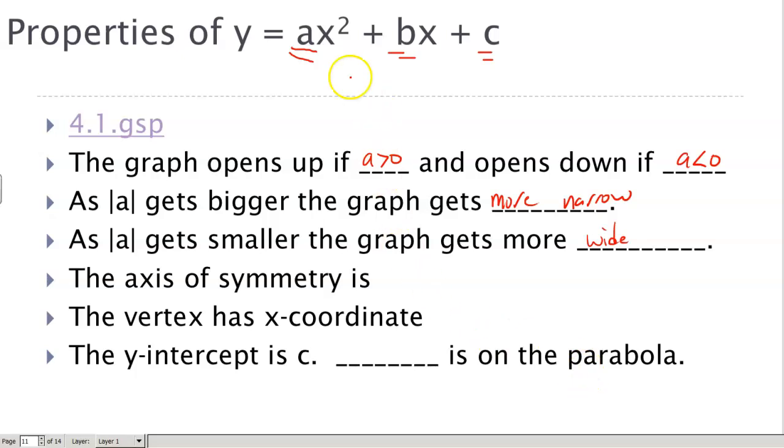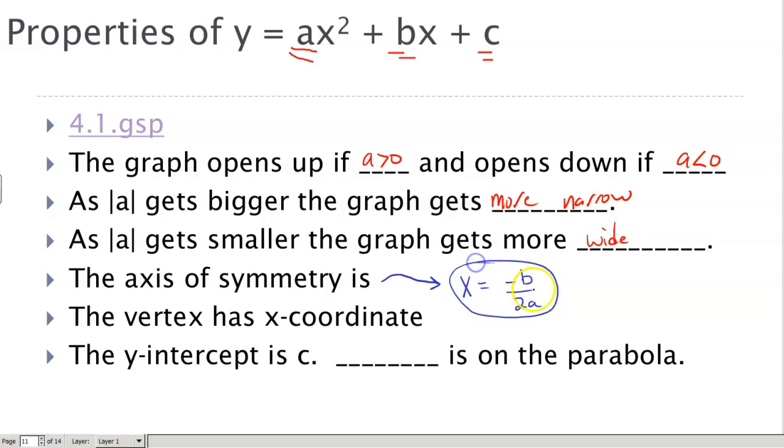Now, one thing that is not going to be obvious for us in Algebra 2 yet is the axis of symmetry. The axis of symmetry, or the middle line, you're going to have to remember this or write this down, is always going to be x equals negative b over 2a.